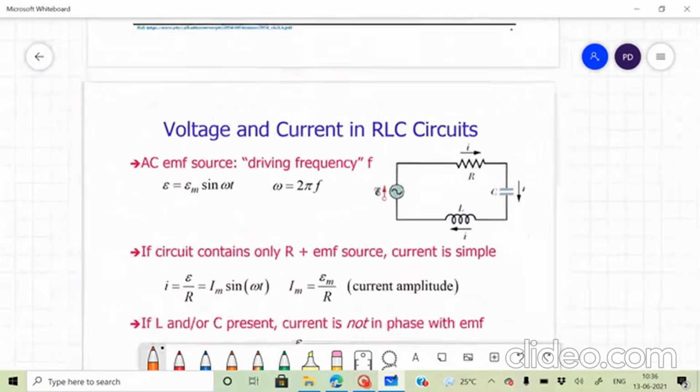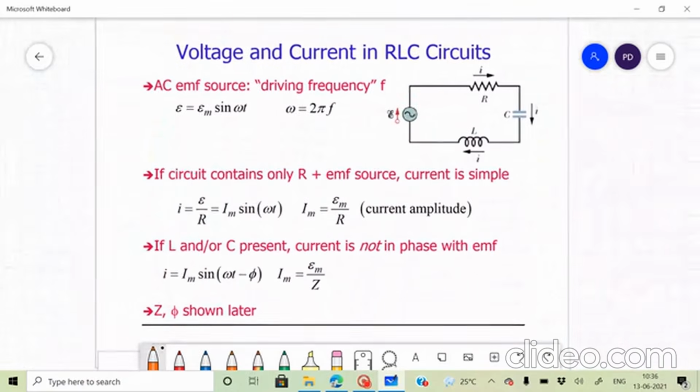The next slide is the voltage and current in RLC or LCR circuits. It depends on the instructor: some people call it RLC, some people call it LCR. It means the same. So the AC EMF is expressed as something like this.